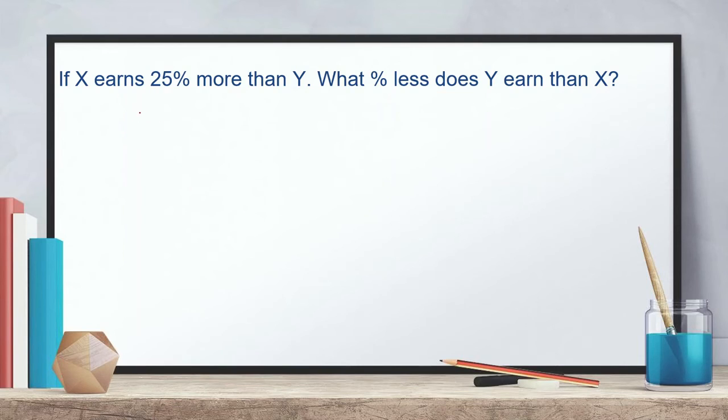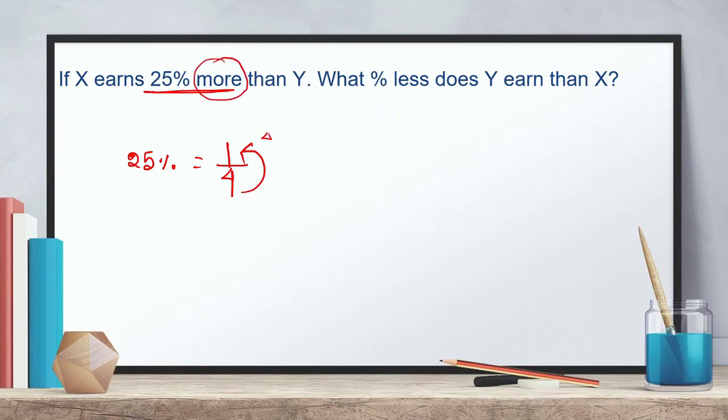So here X earned 25% more. So we know 25% is equal to 1 by 4. So 4 is the original value and 1 is the increment or decrement. Here we can see that it is more.